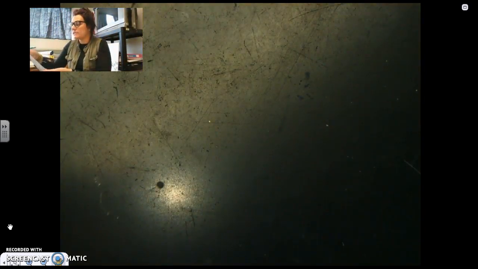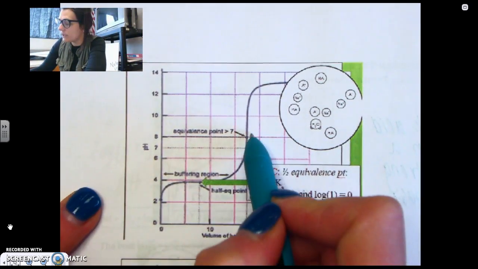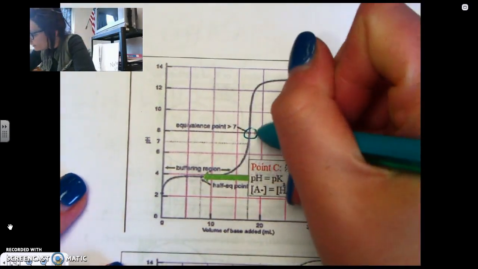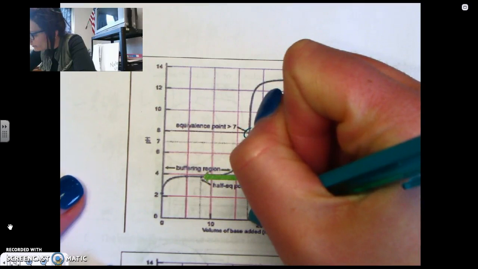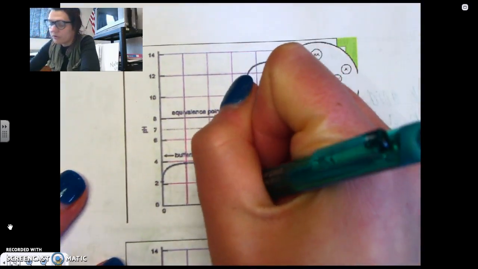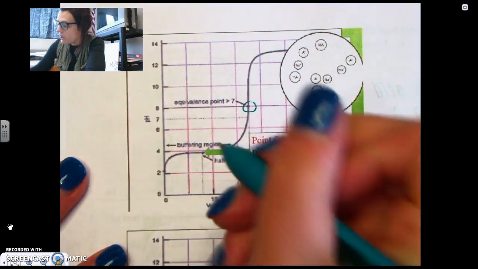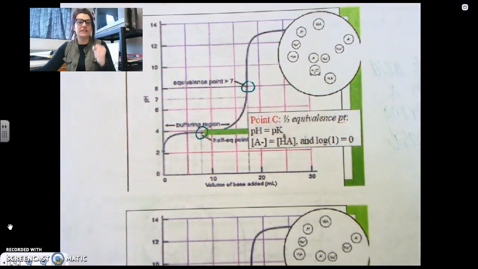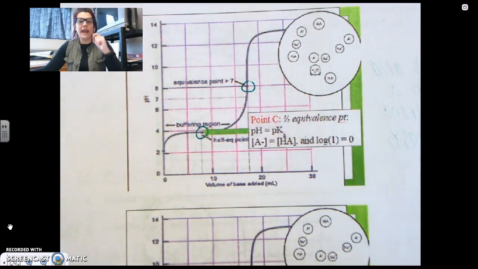Okay, point C, halfway to equivalence. You'll notice up here, this is the equivalence. That is at, if you look, around 15. So halfway to equivalence is about 7.5. Halfway to equivalence is when your pH is equal to the pKa of your weak acid.